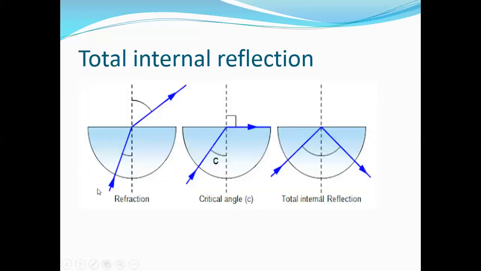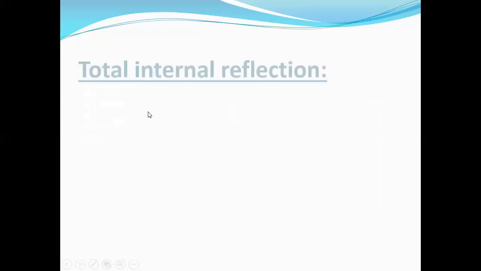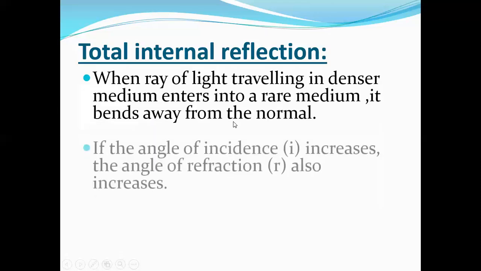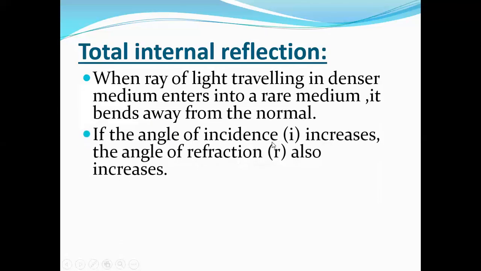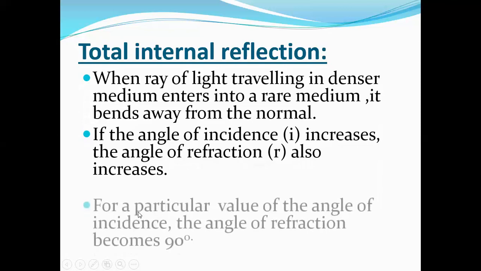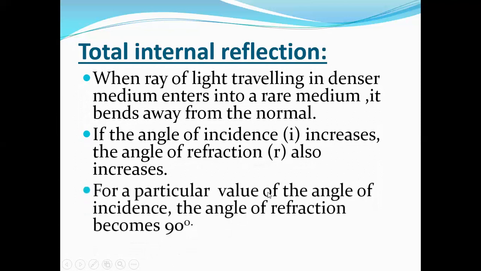When a ray of light enters from the denser medium to a rare medium, the ray of light bends away from the normal. If the angle of incidence i increases, the angle of refraction r also increases, as you see in the diagram. For a particular value of the angle of incidence, the angle of refraction becomes 90 degrees.